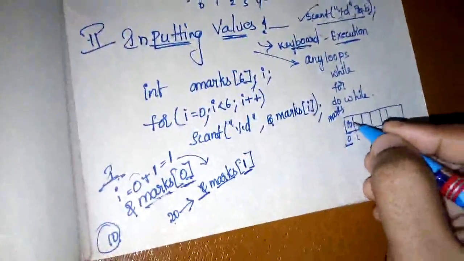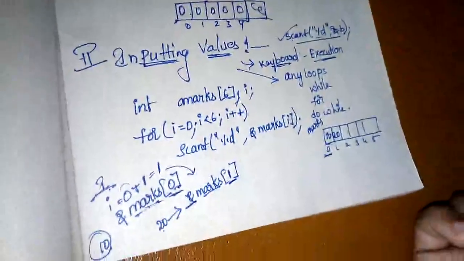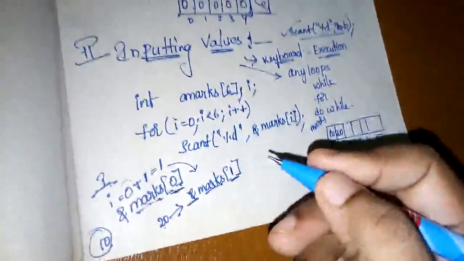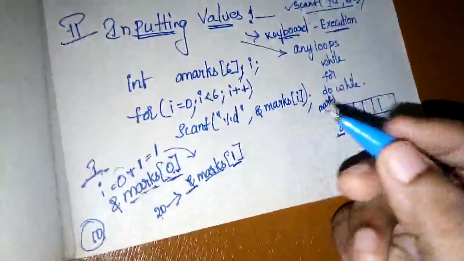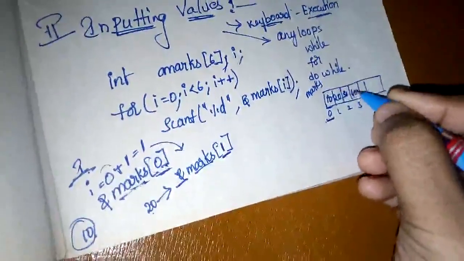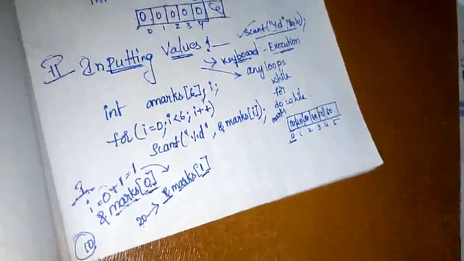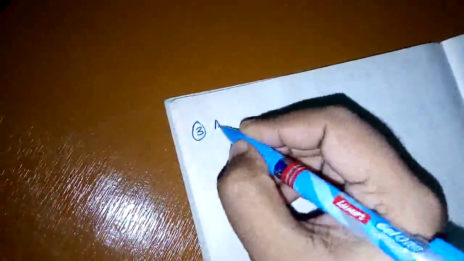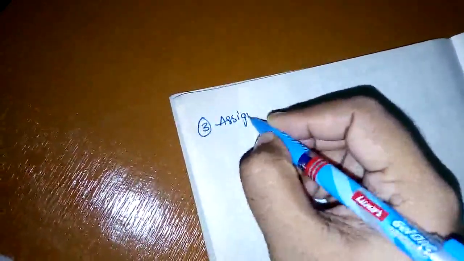So here, your value 20 will be stored. Likewise, your loop will be executed 6 times and all the 6 values will be stored in the array. So that is inputting. Then the third method we have for storing values into the array is assigning values.